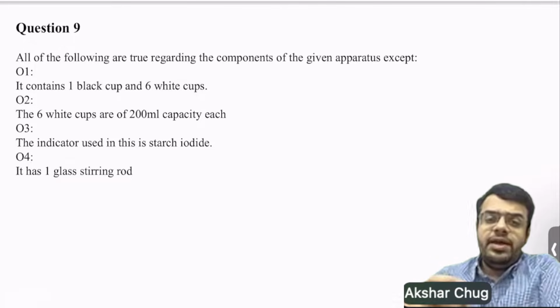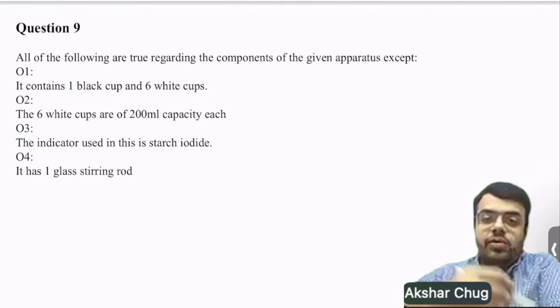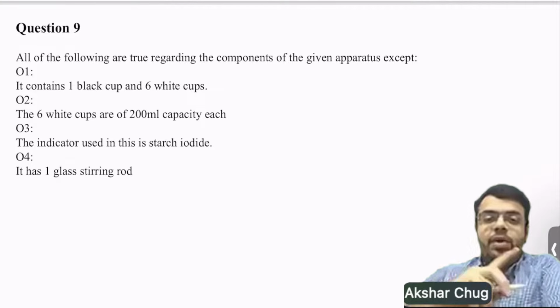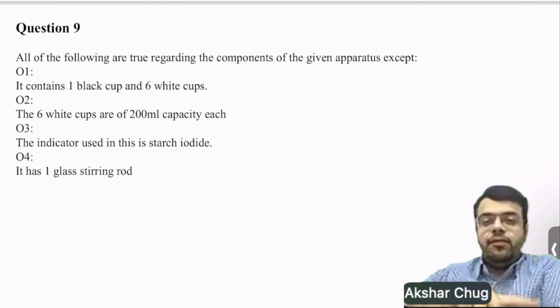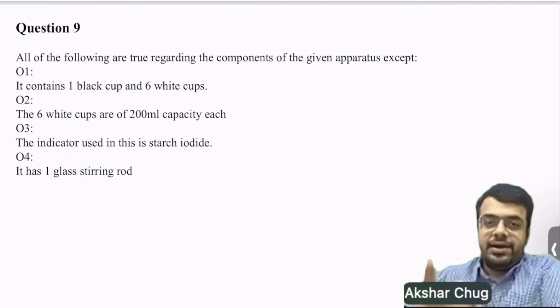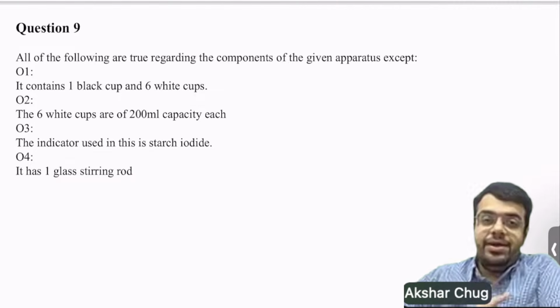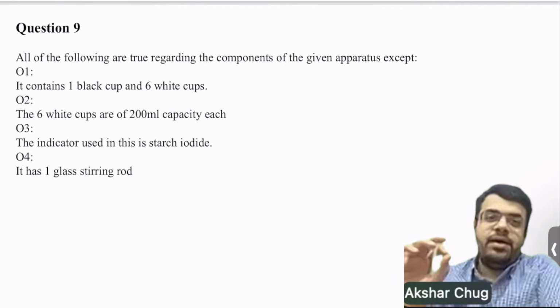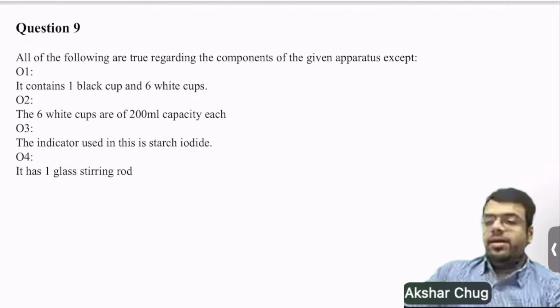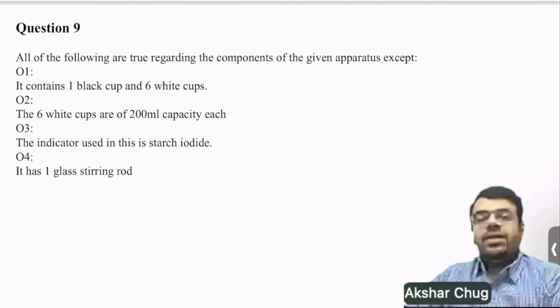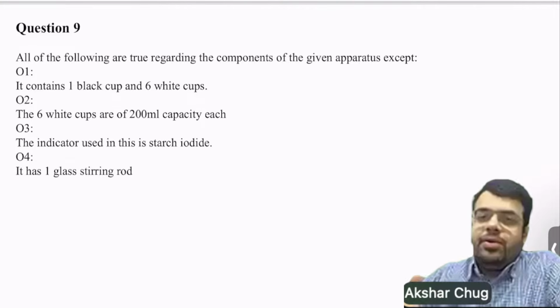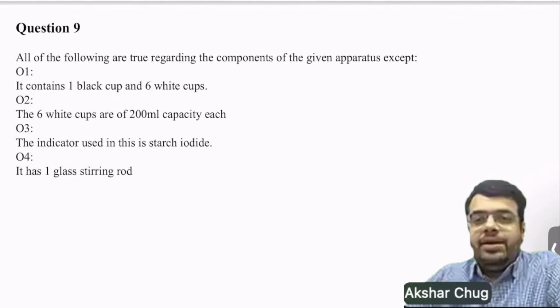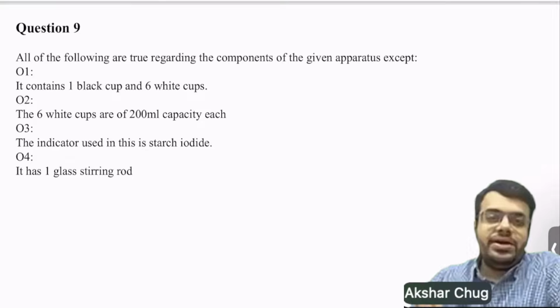So if only one glass stirrer is used for every glass, it will transfer the iodine from one glass cup to another, which will introduce errors in the result. As a result, there will be 7 glass rods, 1 glass rod for each cup. In this way, you can come to the right answer by eliminating the wrong ones and using logic and common sense.